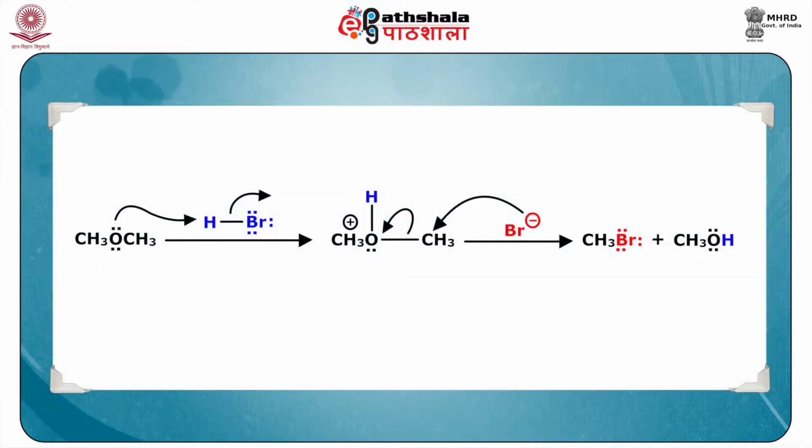So, you can see here the first step in either pathway will be the protonation of the ether, and this protonated oxygen will also have a greater minus I effect on the adjoining carbon, thereby making it electron deficient. Now if the Br minus attacks and simultaneously the CH3OH is leaving, it will be going via the SN2 mechanism, and this will be there when you have less sterically hindered ethers.